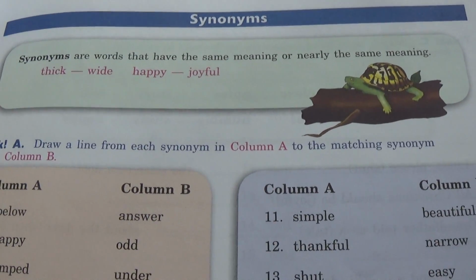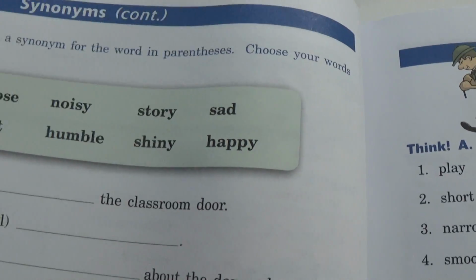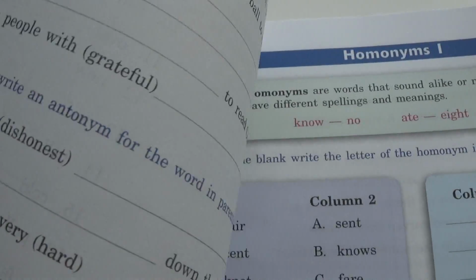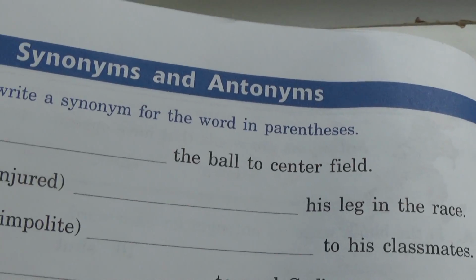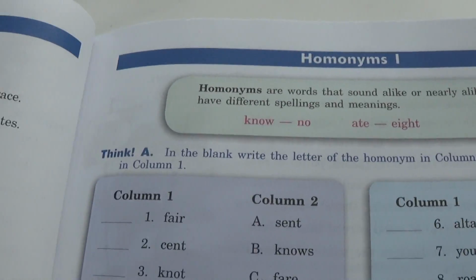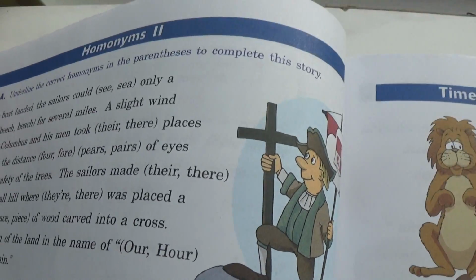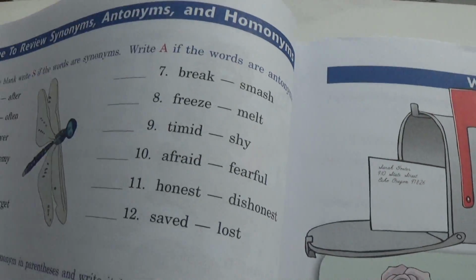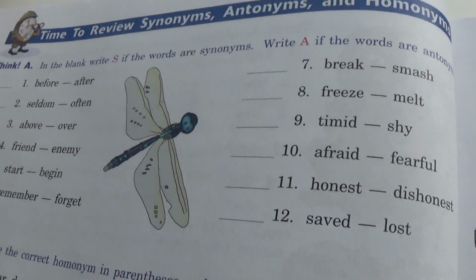Then synonyms. We learned about synonyms. And then we learned about antonyms. And then we learned about synonyms and antonyms together. Review. And homonyms. More worksheets on that.